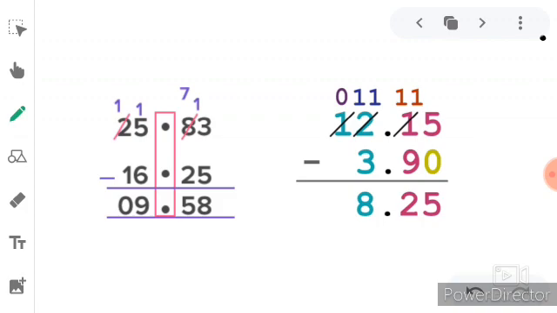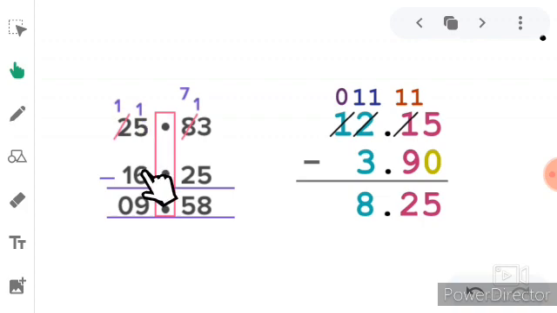So let's subtract. The first number is 25.83 minus 16.25. We can't subtract 5 from 3, so we'll borrow from 8. So 8 becomes 7 and 3 becomes 13. 13 minus 5 is equal to 8. 7 minus 2 is equal to 5. Then decimal point as it is.